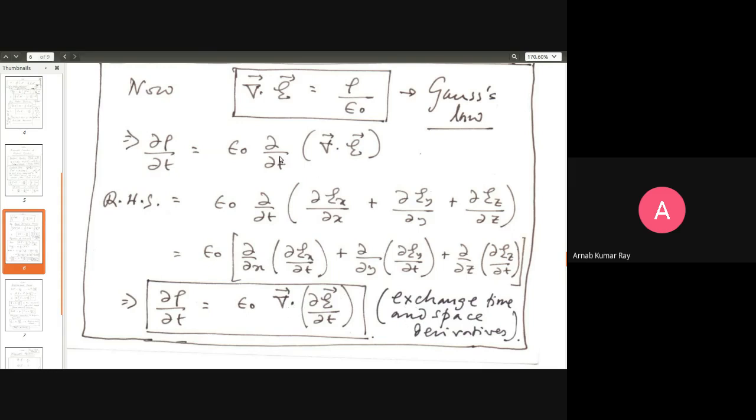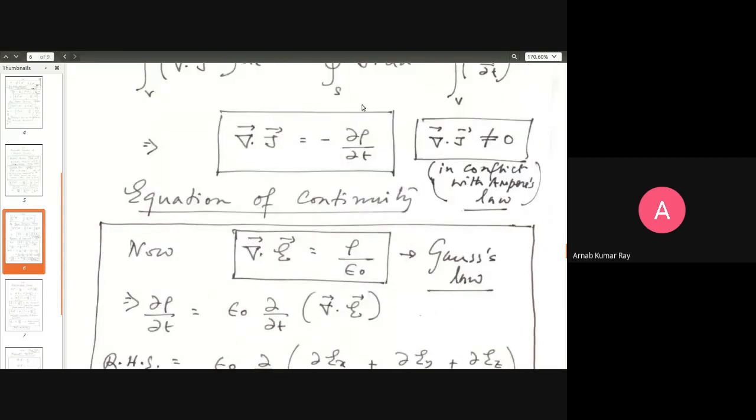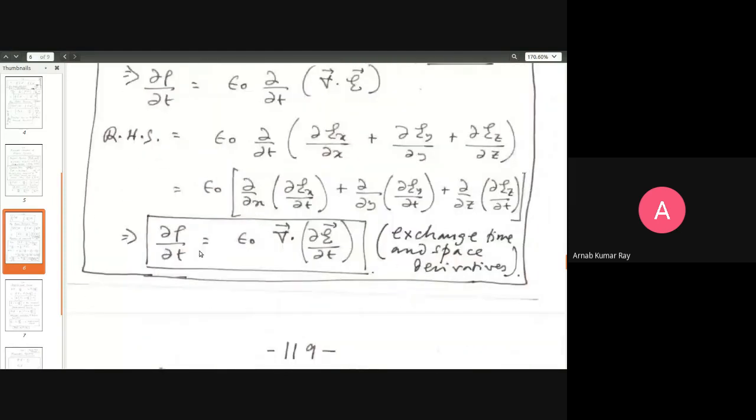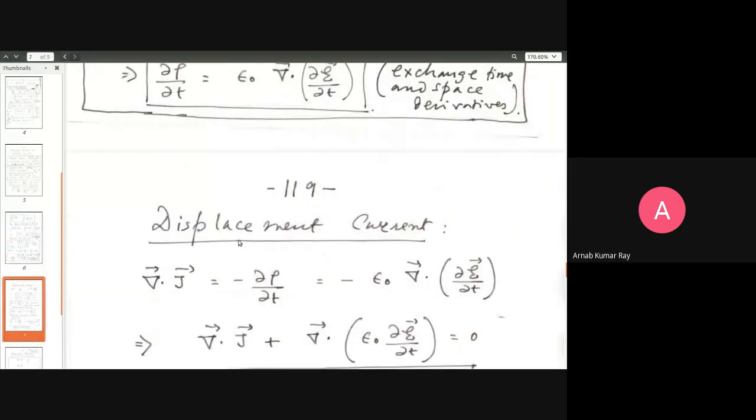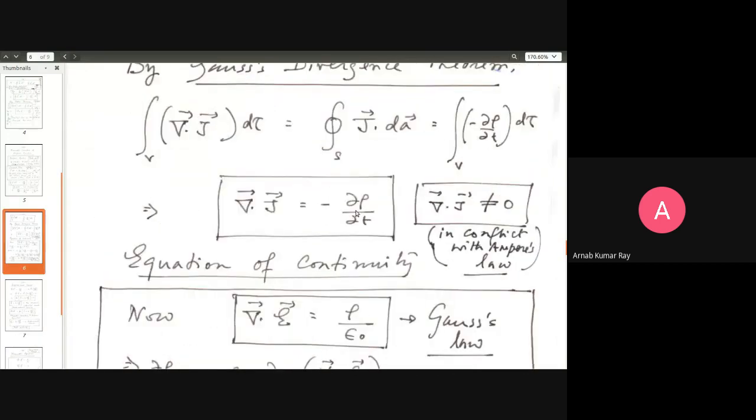And what we had, del del t of divergence of E could be written as divergence of the del del t of E into epsilon naught. So now we replace the del rho del t in this equation with the minus sign over here, with this thing on the right hand side with the minus sign. I put a minus here and I put a minus here. And this is what we have. Divergence of J is equal to minus del del t of rho. This is what Maxwell found using the equation of continuity.